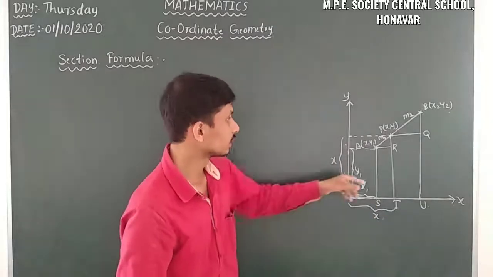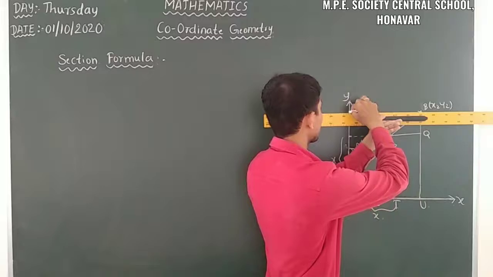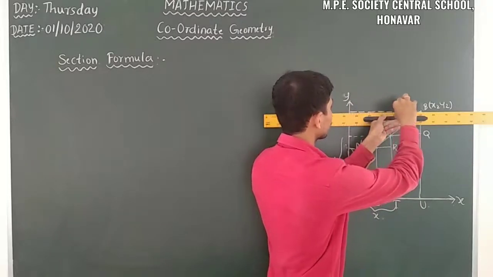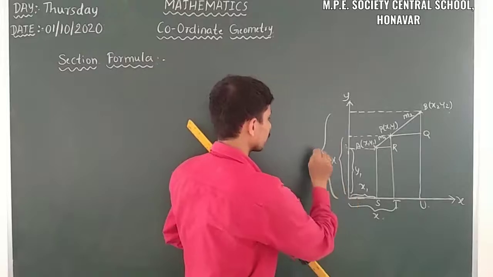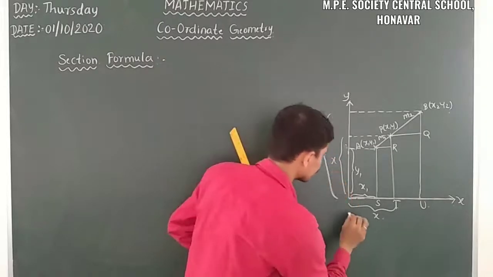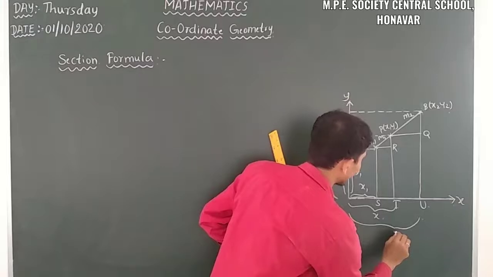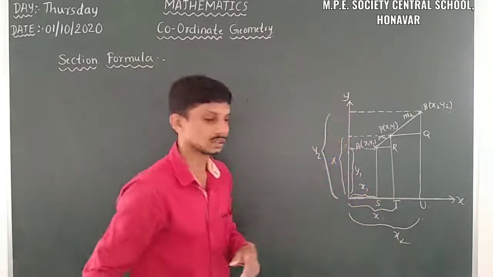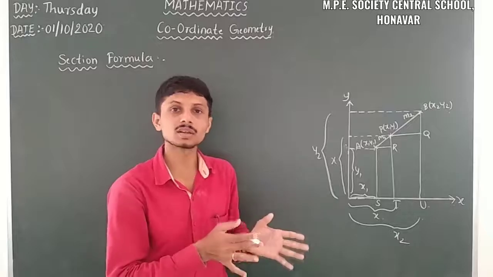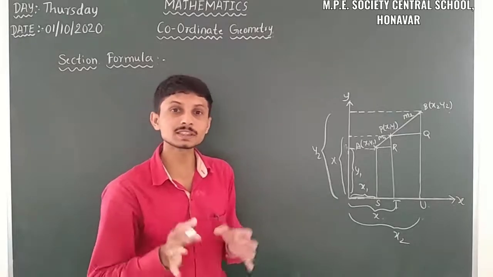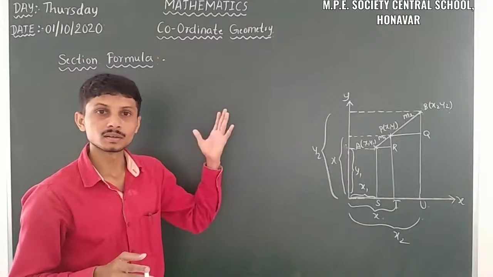Then this complete distance is y2, and this complete distance is x2. So when we know this, we can easily find out the section formula.